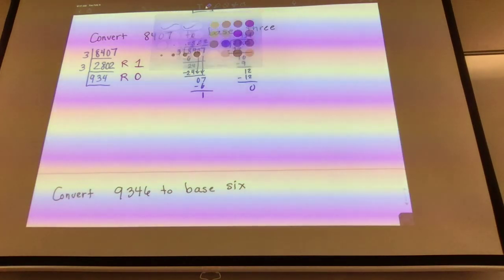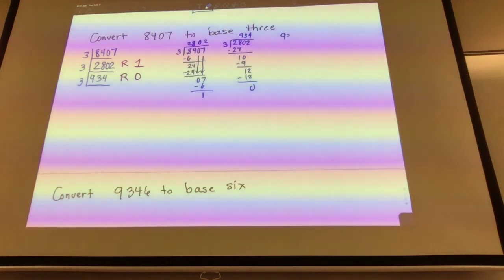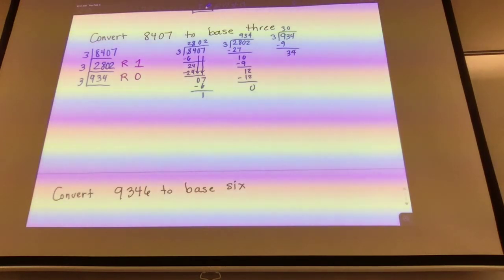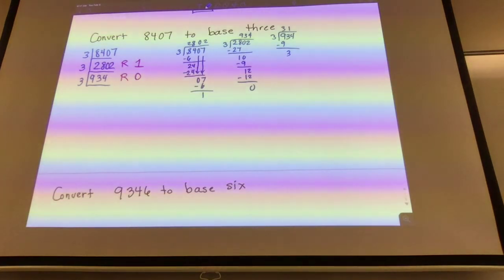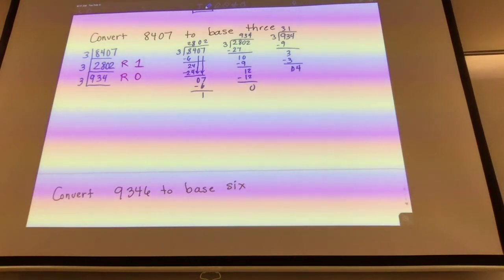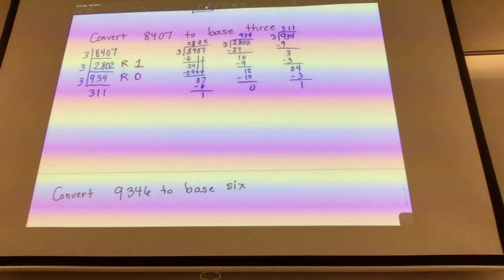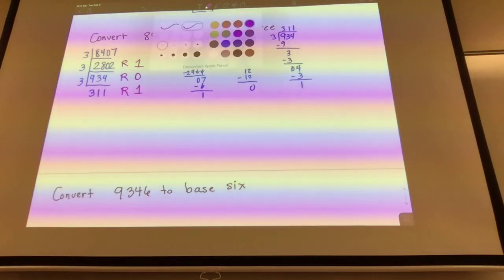And we just keep doing this. Now take your 934, divide by 3. Oh, it's not 0, that's 1. There goes the 3. Remainder 1, did you get that? 311, remainder 1. 311. Remainder 1.